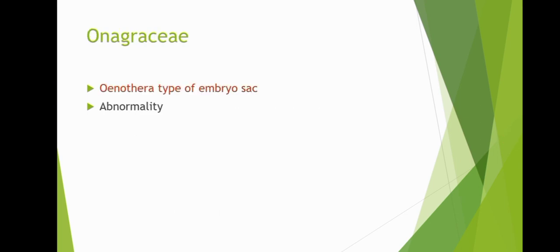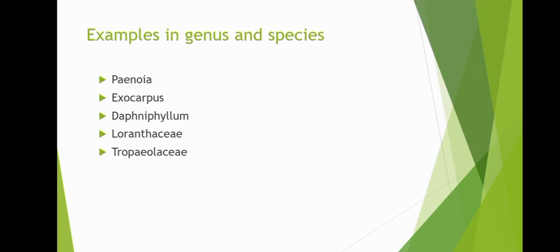Onagraceae has the Oenothera type of embryo sac, which is an abnormality seen in members of the Onagraceae family. In genus and species, many examples are now identified: Paeonia, Exocarpus, Daphniphyllum, Loranthaceae, and Tropaeolaceae.